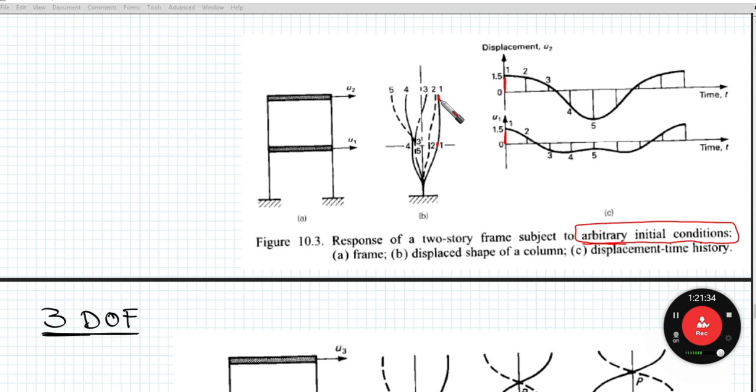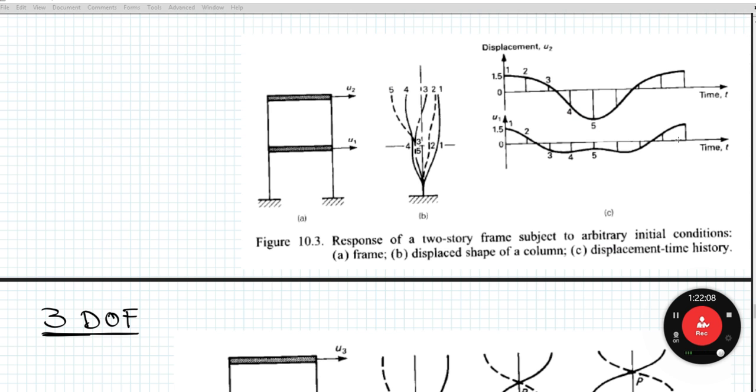Then the structure responds based on the initial conditions, and this is 2, for example, which is this point, and then this is 3, which is this point, and then 4. We cannot tell where exactly 0 is, because it will not pass exactly through the equilibrium position, but anyway, 4 and 5 are represented here, with the displaced shape of the column and the displacement time history.